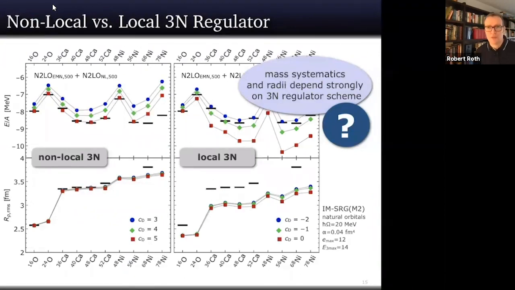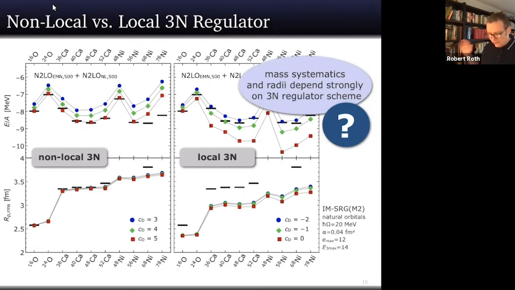I don't know how to do that because it's really a different design choice at the level of your interaction. But this is something which we are worried about and which we want to understand.